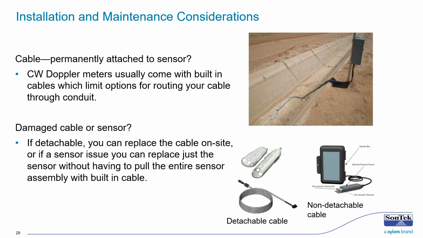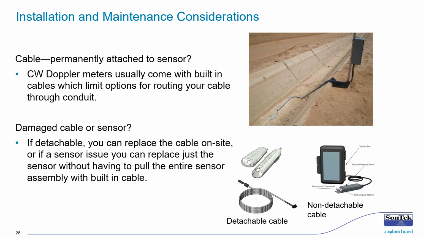Whenever you're considering any sort of instrument for the field, it's important to make considerations for installation and maintenance. One thing that you'll find with a lot of continuous wave systems is that they have their actual cable built in to the transducer. And as you can see, the Pulsed Doppler IQ system does not.